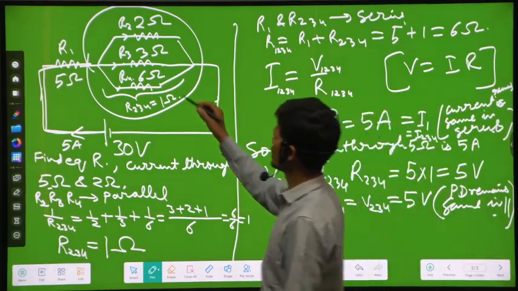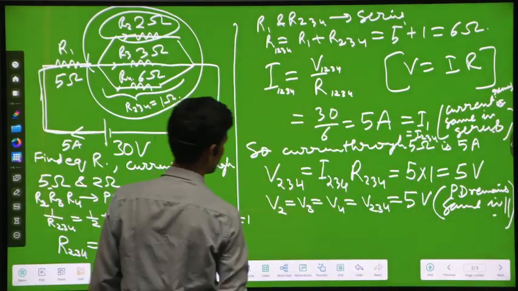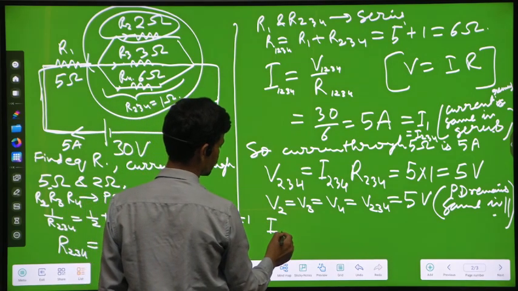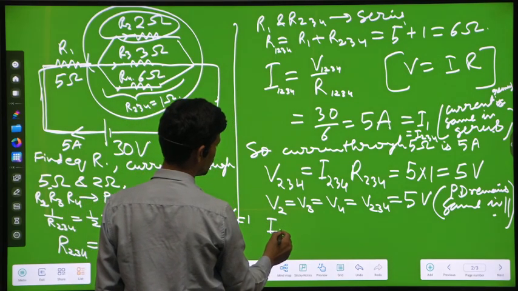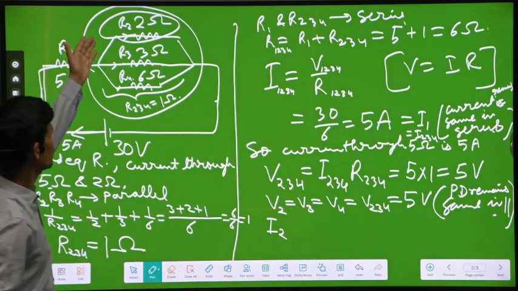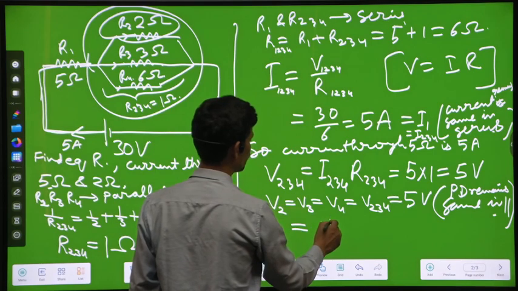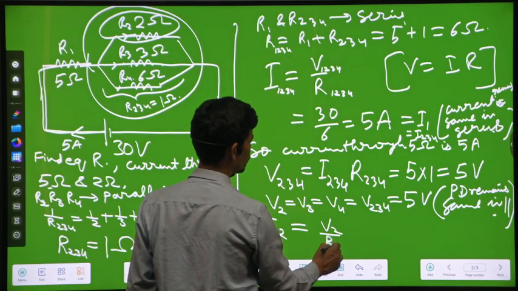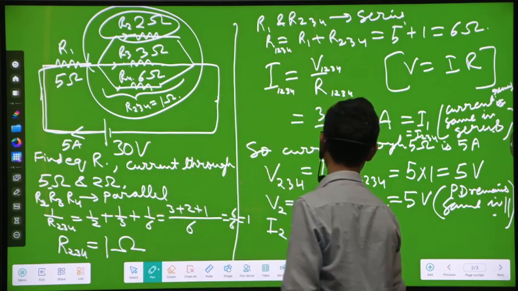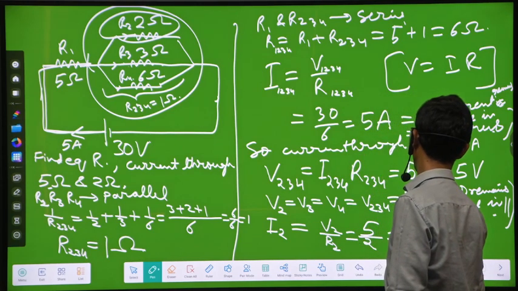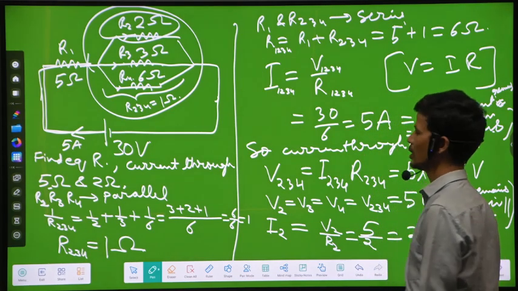And now we are interested in this 2 ohm part. I2, because we marked it as 2, is equal to V2 by R2. V2 is 5 volt, R2 is 2 ohm, so it is 2.5 ampere.